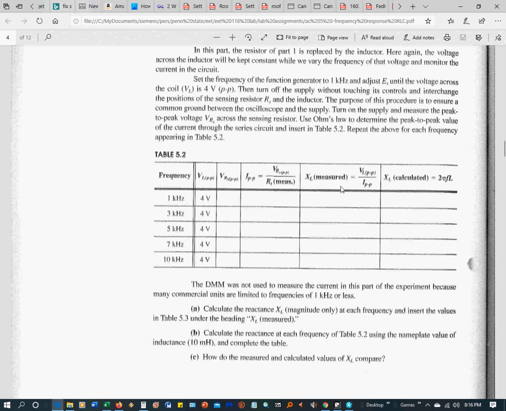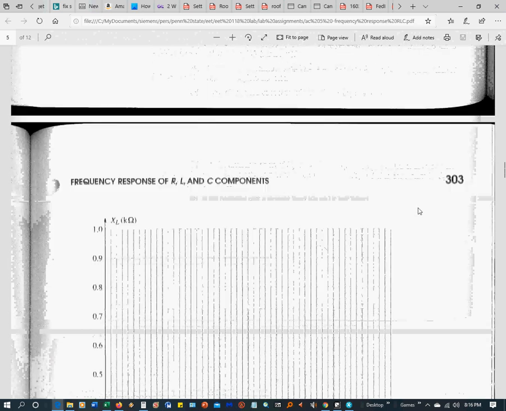So then the next step is you take this number, which is going to be 4, and you divide it by this number that you calculated, and that's going to be your inductive reactance. And then you take just a pure calculation of 2 pi FL. Now L is going to be 10 millihenry, so depending on the frequency, it's going to change XL. And then you just go through the lab and same thing.